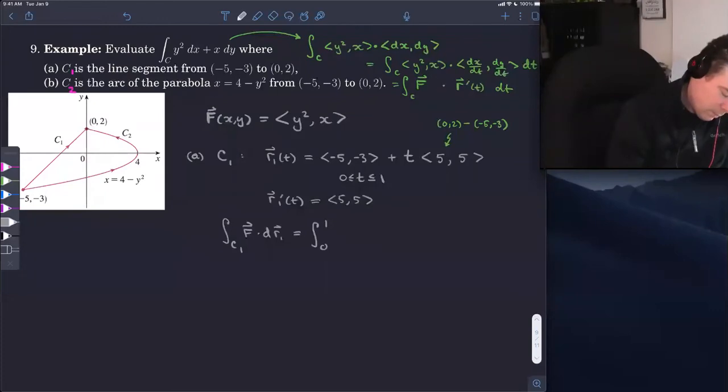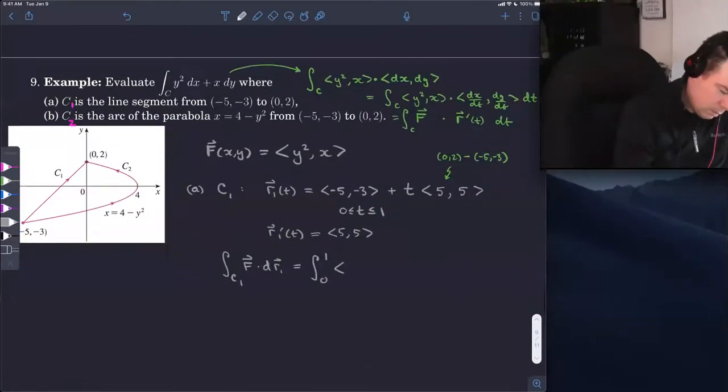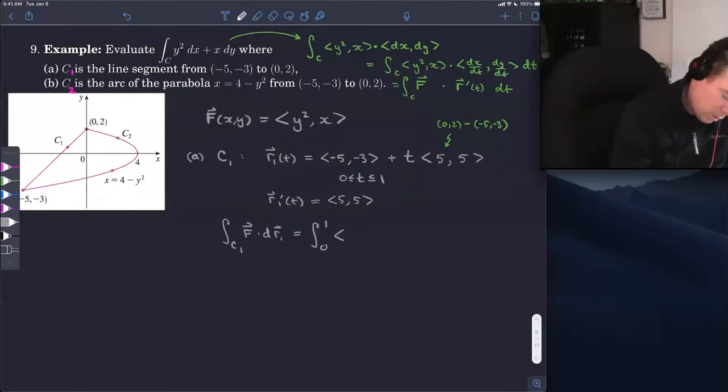And so the integral over the C1 curve of f dot dr1 is the integral from 0 to 1 of our force field, our vector field, evaluated at points on the curve itself. So that'll be y squared. Y is -3 plus 5t squared.